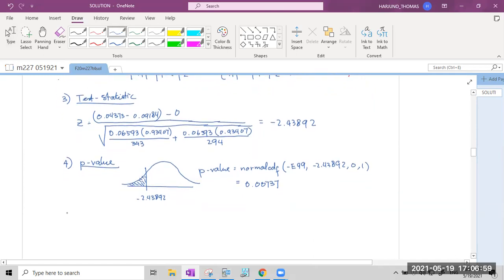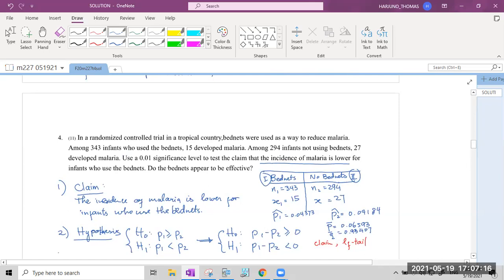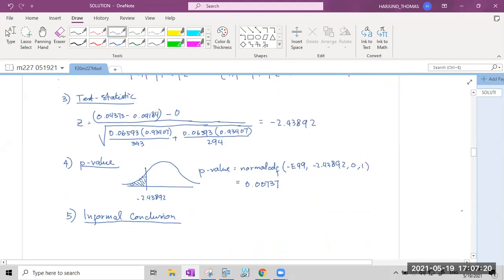Okay, step 5, informal conclusion: reject the null hypothesis. Now the p-value is so small such that even if alpha is 1%, you still reject the null hypothesis, right? The alpha is, yeah, the alpha is 1% here. So we still reject the null hypothesis.